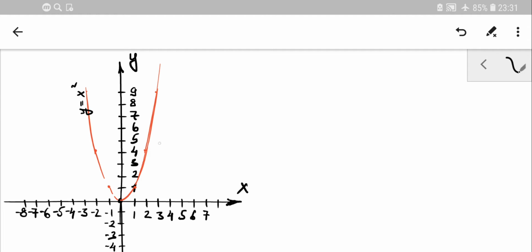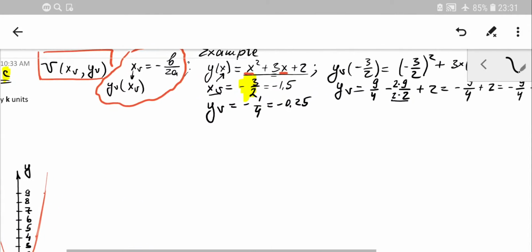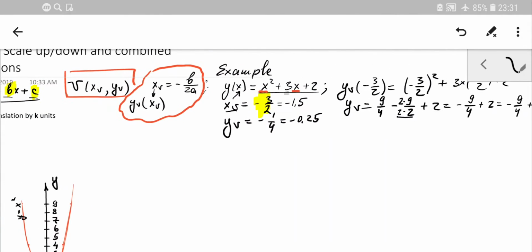Also, you can align all the values around your x vertex coordinate. For example, in our case, as we calculated, we've got negative 1.5. If we want to create this set of data in order to get points for plotting the graph on the Cartesian plane, you simply know that negative 1.5 is sort of a central point, a median, and you can center all the data around it.